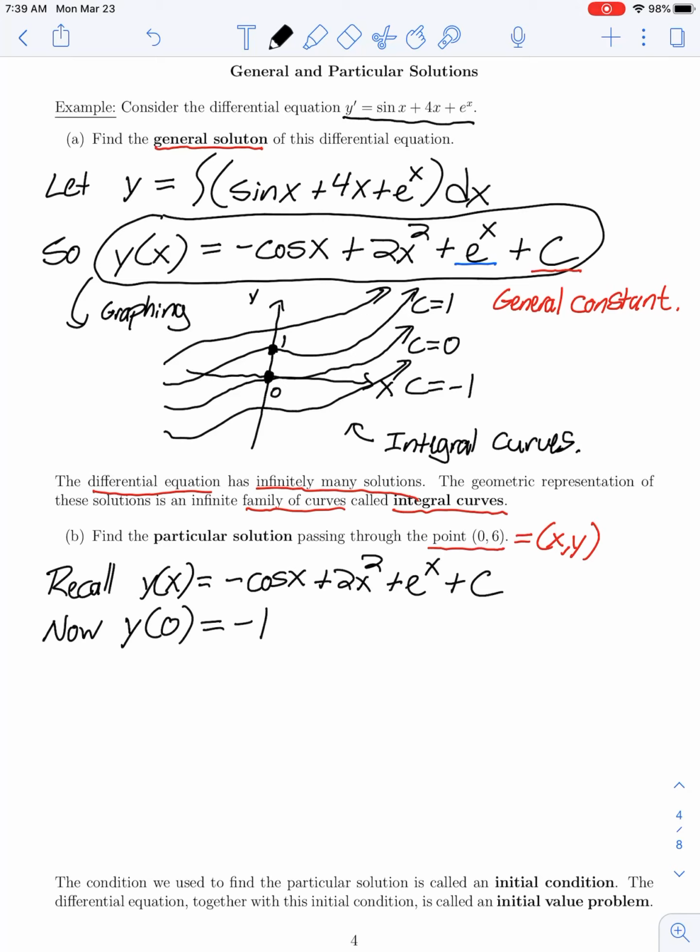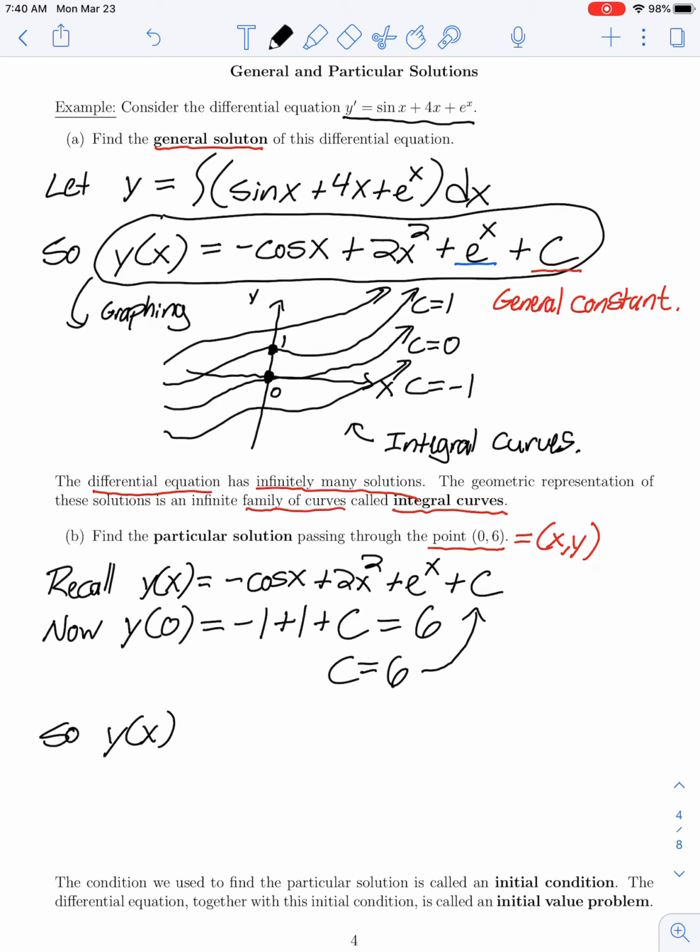We get negative 1 plus 0 plus 1 plus c, which has to equal 6. So we find, after simplifying, that the constant c must equal 6. And then we can take this value for our constant and substitute it back into the general form of our solution.